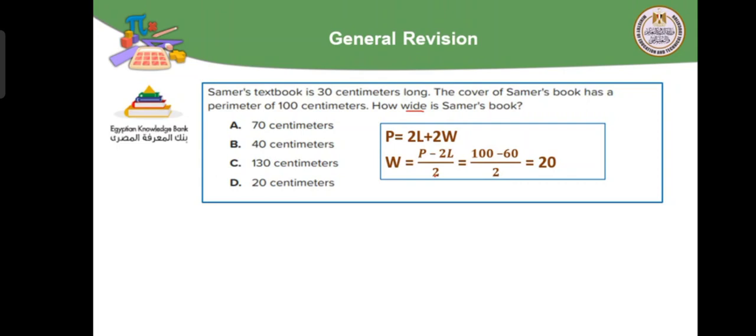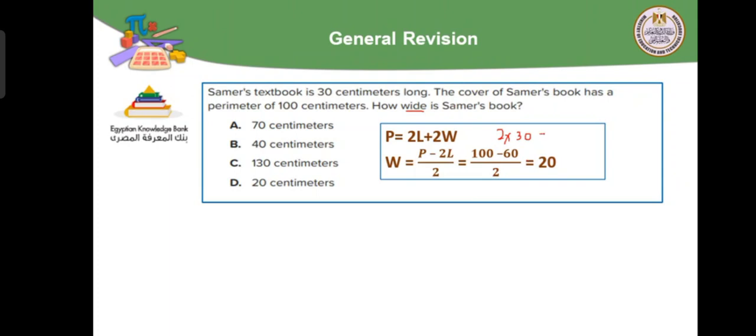Perimeter 100 centimeters minus 2L, which means 2 times the length, equals 30. 2 times 30 is 60. Okay, divided by 2. So the result will be what? 20. Yeah, we get 20 from where?